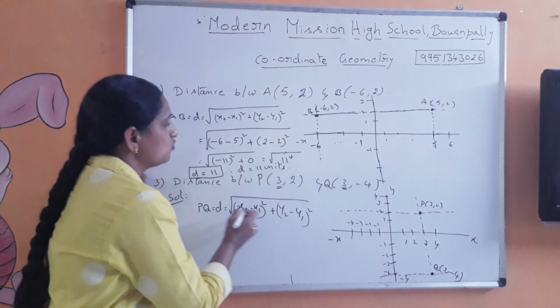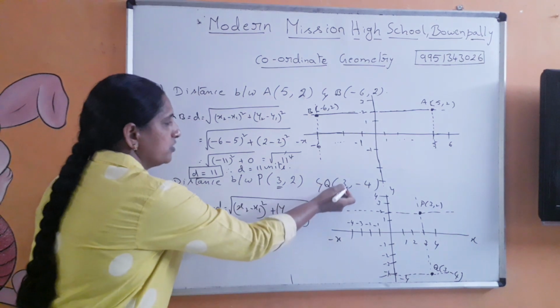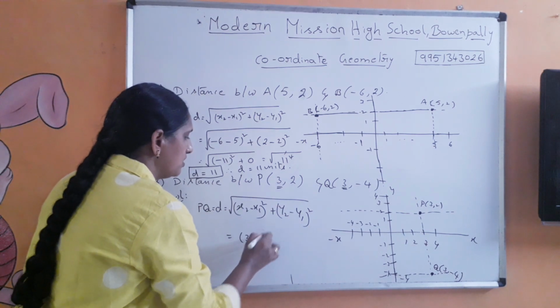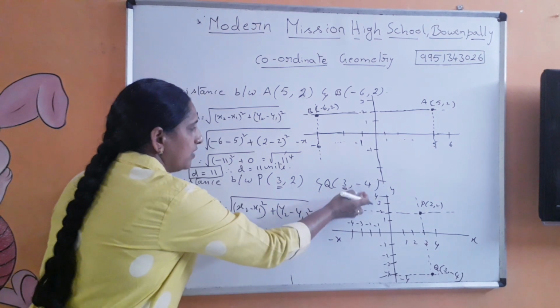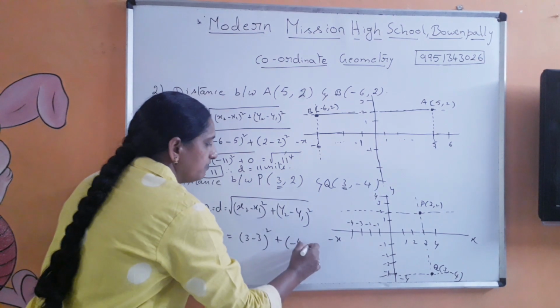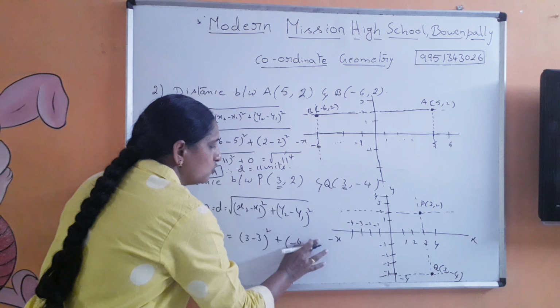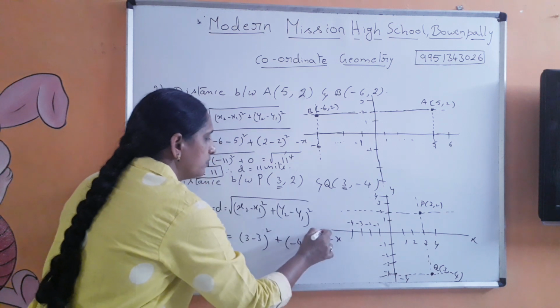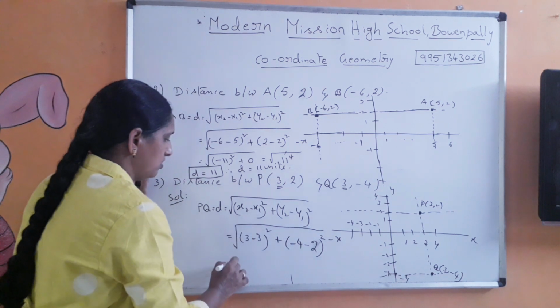So therefore, x2 minus x1. x2 is 3, x1 is also 3. So 3 minus 3 whole square plus y2 minus y1. y2 is minus 4, y1 is plus 2. So minus 4 minus 2 whole square, under root.